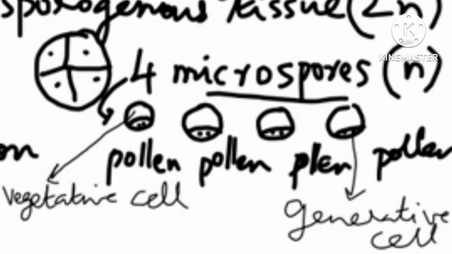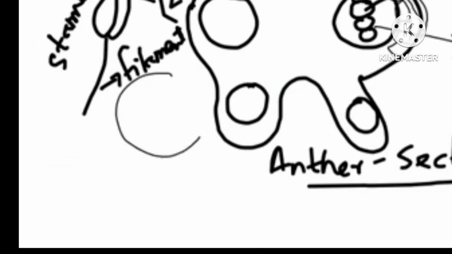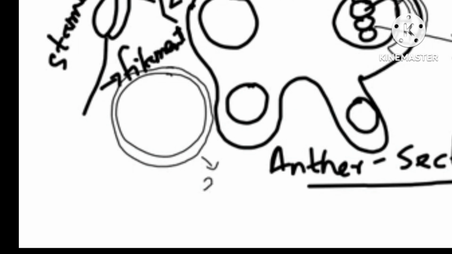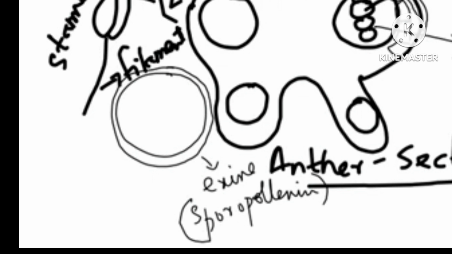Now you know the vegetative cell, what will happen? Now I am drawing here the pollen grain. The pollen grain has got structures. The outer structure is called exine. Exine is hard. Why is the exine hard? It has one thing inside. Sporopollenin is present in exine, and that makes the exine hard.